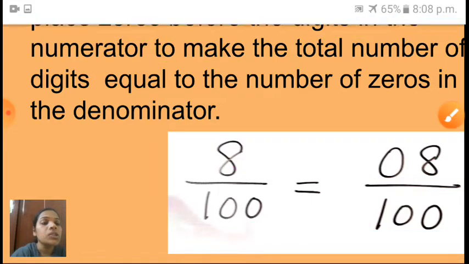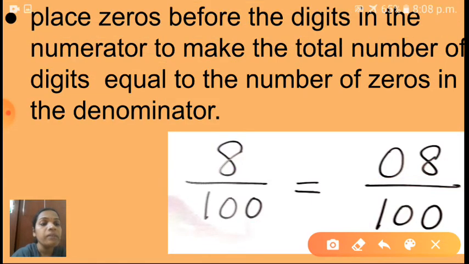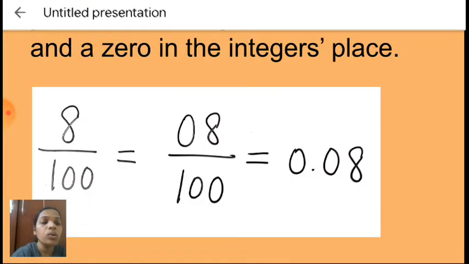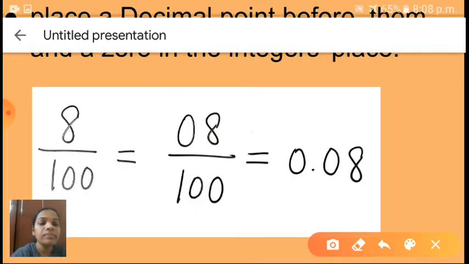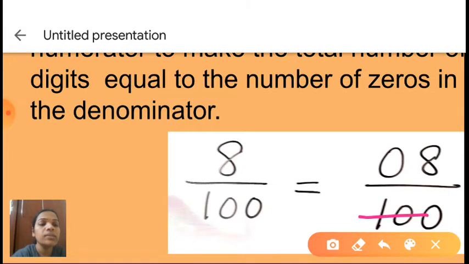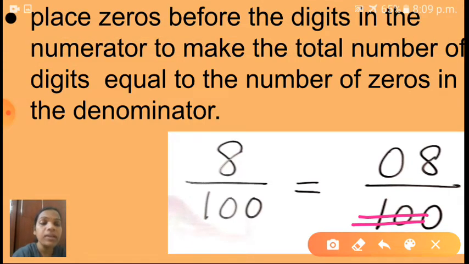Here I have written 08 upon 100 because there are 2 zeros, so I have to make a 2 digit number. I hope you understood this step, 08 upon 100.